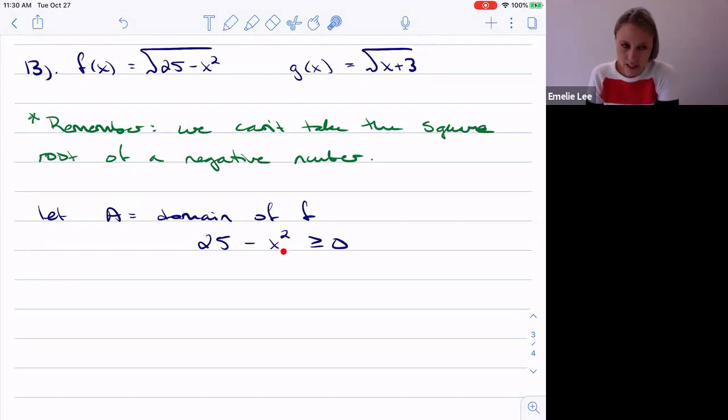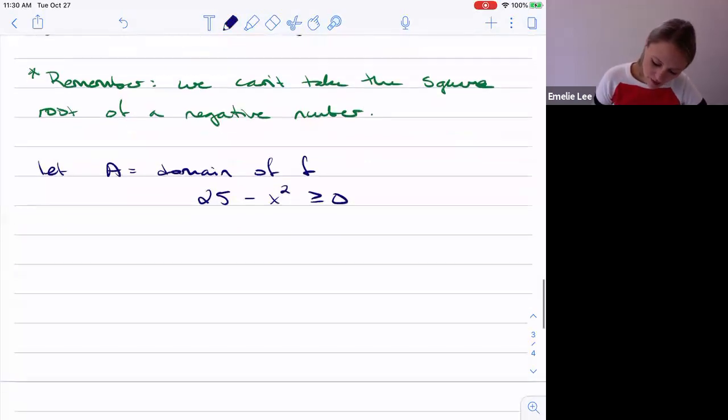Now it's pretty easy to see here that of course x squared can't be larger than 25, right? But we can solve this. We can add x squared to both sides if you prefer, or you can subtract 25 from both sides, but then you're dividing by this negative, which is going to have to switch the signs. Either way, doesn't matter. 25 has to be greater than or equal to x squared.